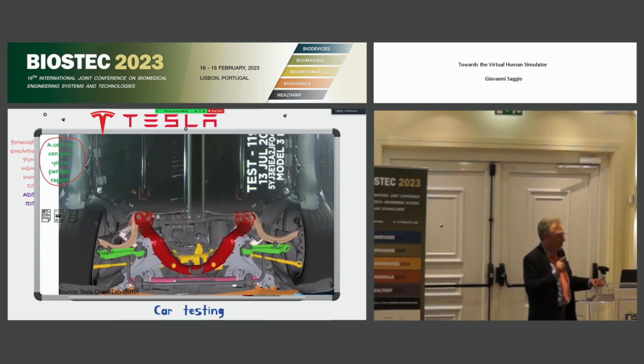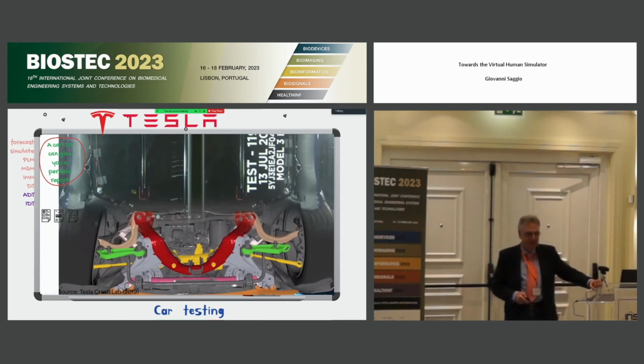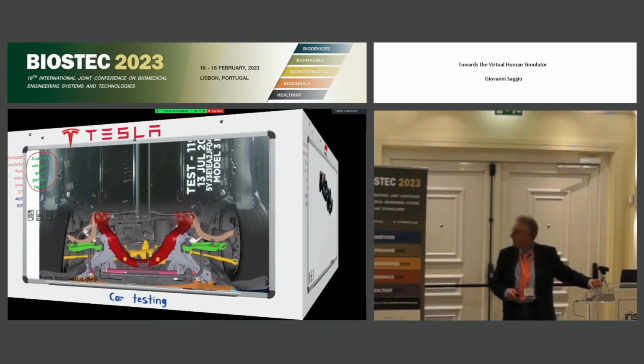And they are thinking of giving the buyer the digital twin version of the car to have everything under control and to predict what could happen if you fail to do something on your car, okay? And I think they will do it.